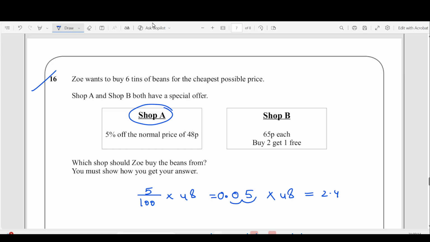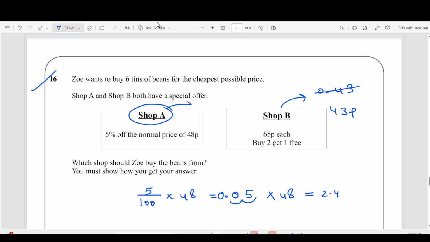Shop B. Okay. What is the price at shop A and shop B that you get? Shop B is approximately 0.43 cents. You mean 43 cents, okay.